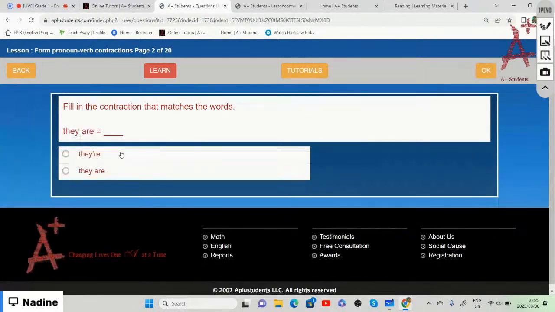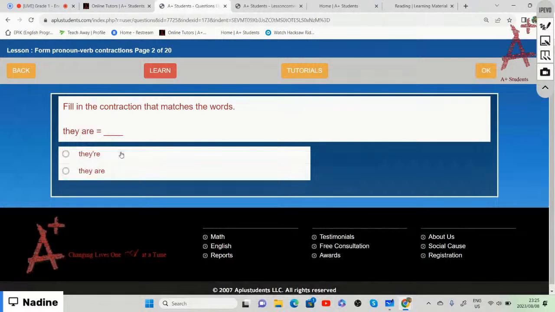All right. They are. We need to find the contraction of the words they are. Is it the first option, which is they apostrophe RE, or is it they are? The contraction of the two words they are.